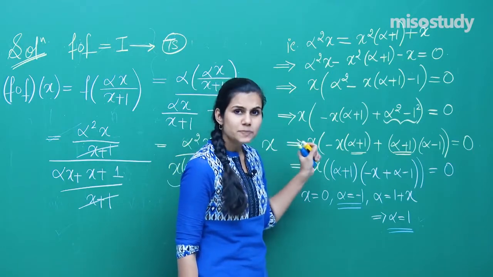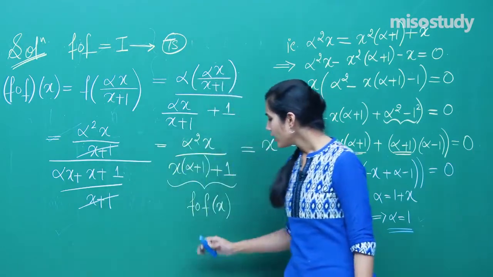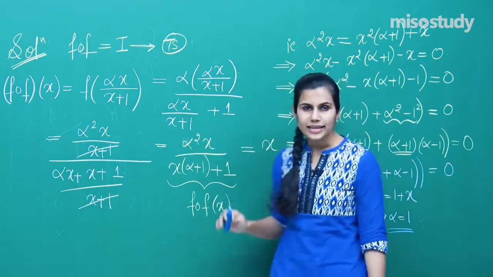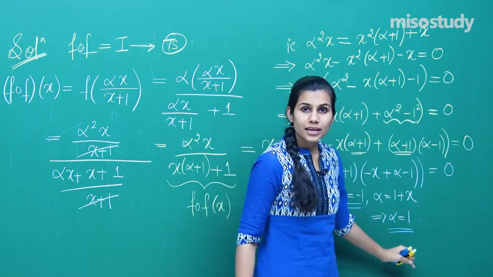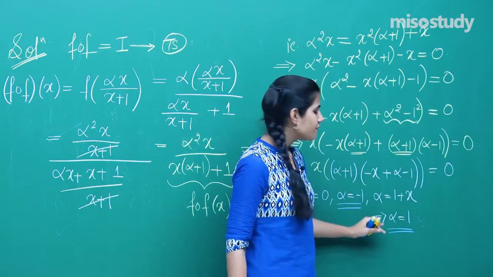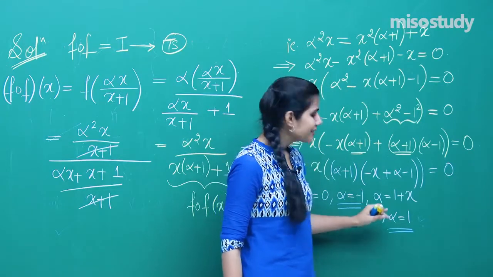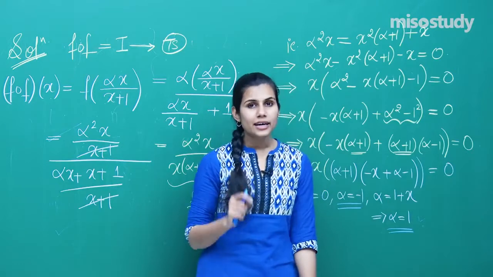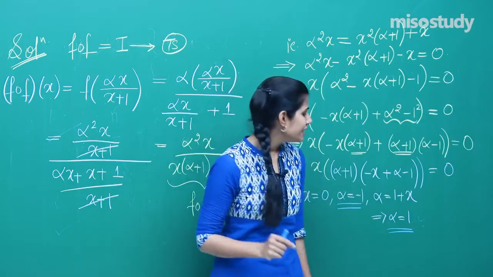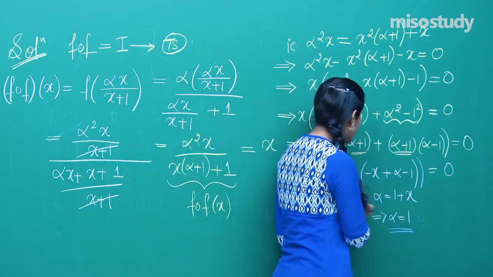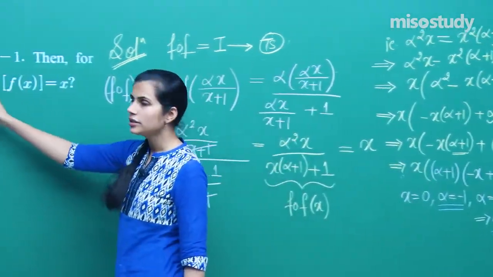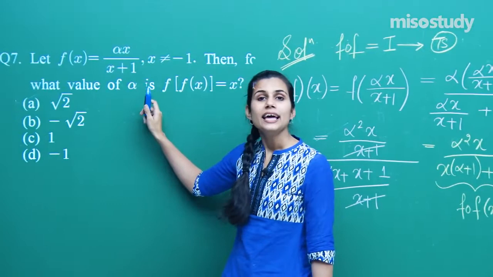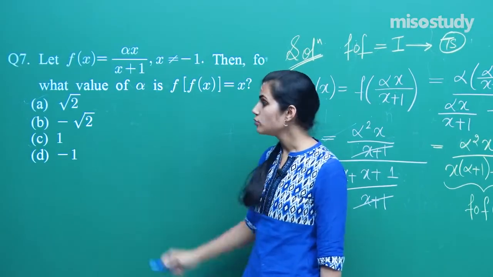This expression is basically trying to say that for FOF of x to be equal to x, alpha has to be minus 1 or 1. And now, if I wish to say which among these two alphas is the correct alpha, what I need to do is verify for which alpha when I substitute in the expression, I am getting FOF of x to be equal to x.